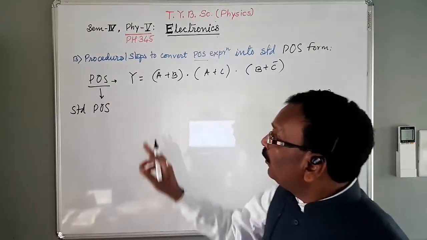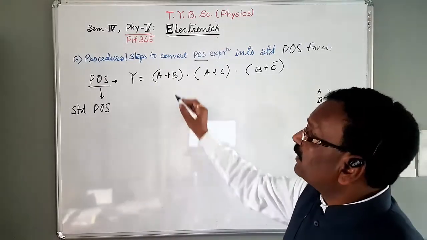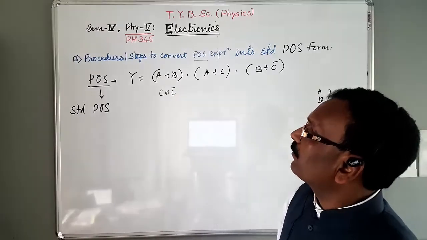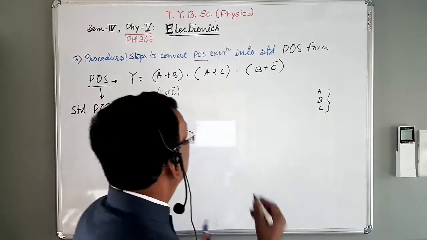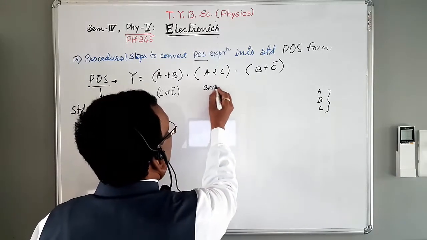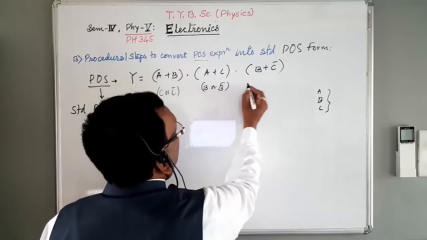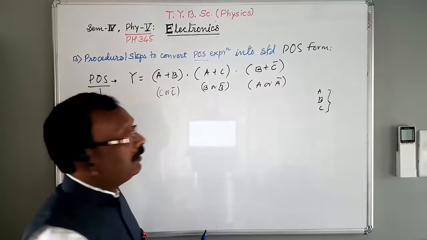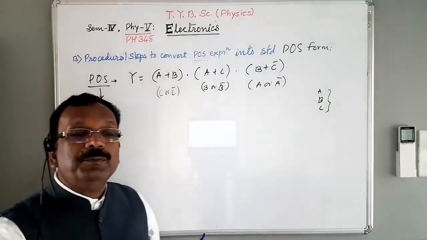But if we look at this expression, the first term is missing C or C bar, the second term is missing B or B bar, and the third term is missing A or A bar. So this equation is not standard POS.